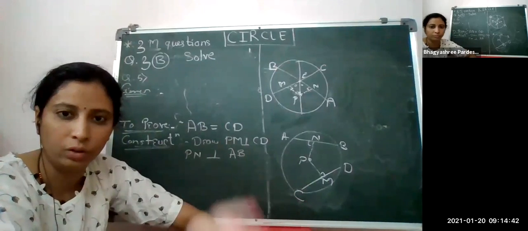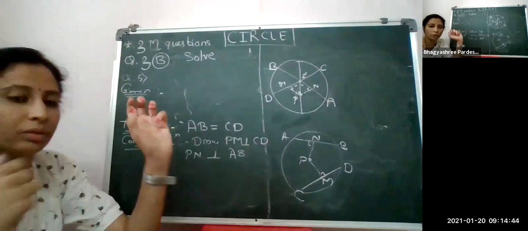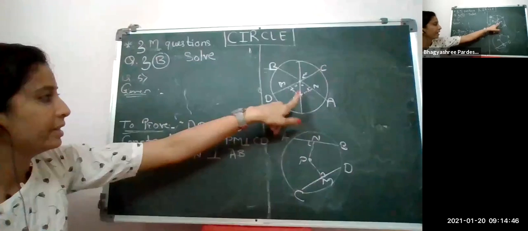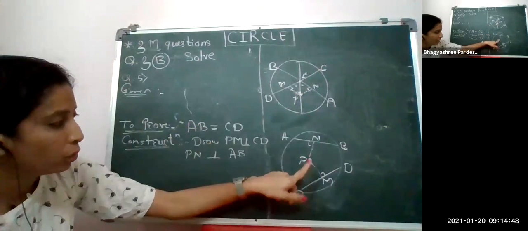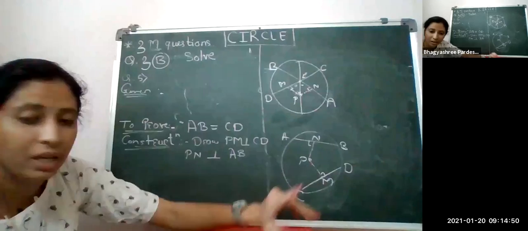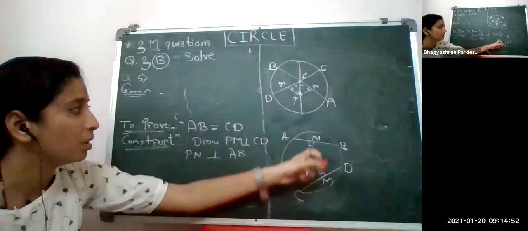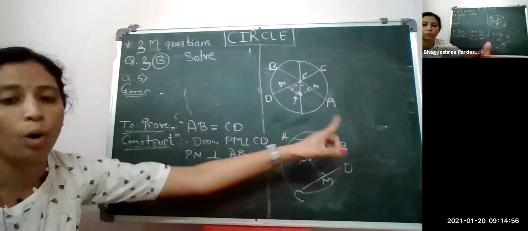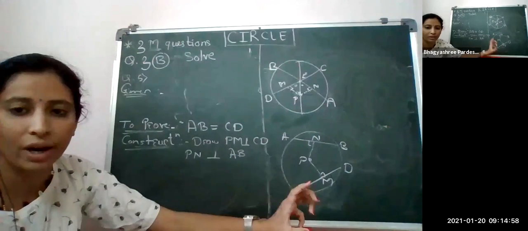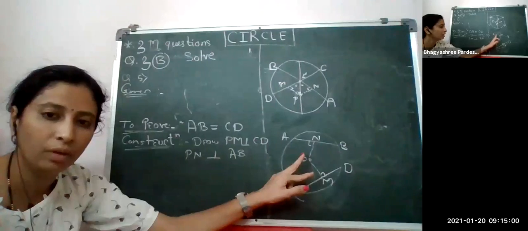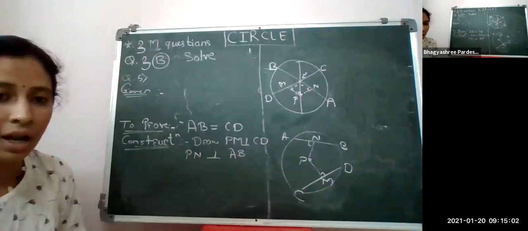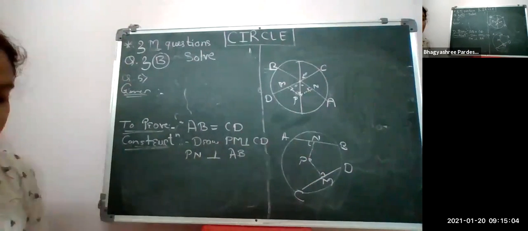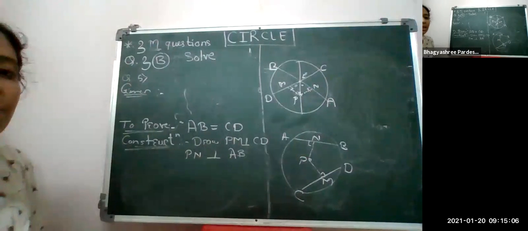Okay, no problem. So, students, if I am able to show that this PM and PN are equal, that is, if the perpendicular distances are equal, then I can directly say that the chords are also equal, because this we know very well. If these two distances are equal, then the chords are congruent. So this simple thing we have to use.